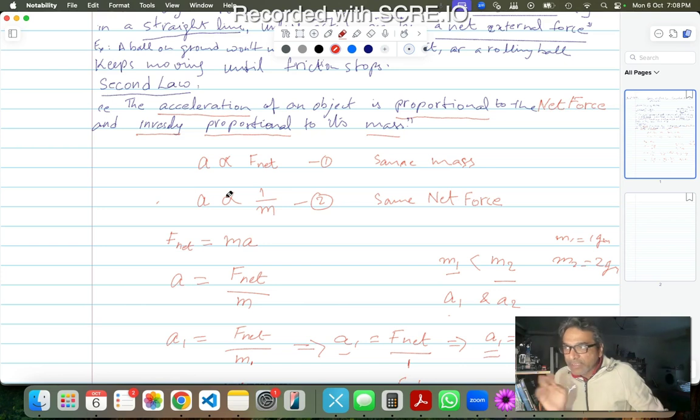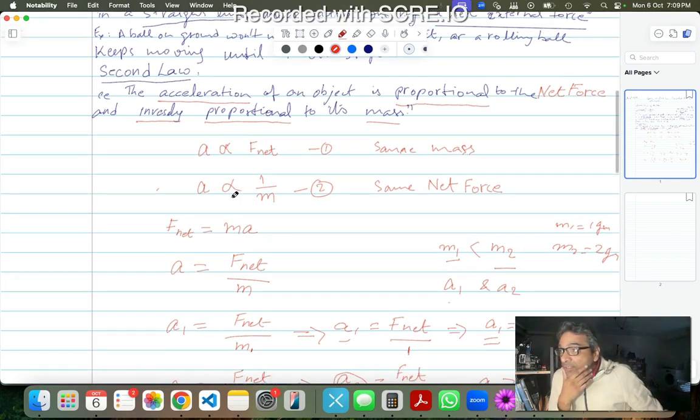If any quantity is inversely proportional, that means it is 1 by that particular quantity. So it is true with same mass, and it is true with same net force, that means we are making one thing constant. In this case, we are making net force constant, and in this case, we are making mass constant.